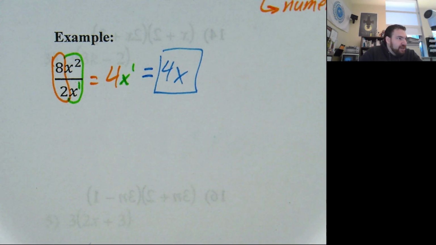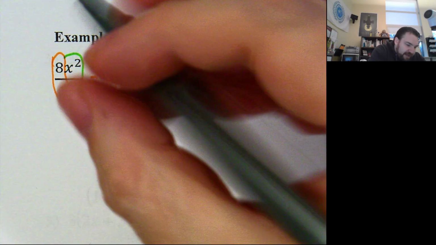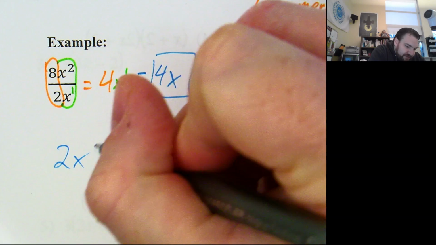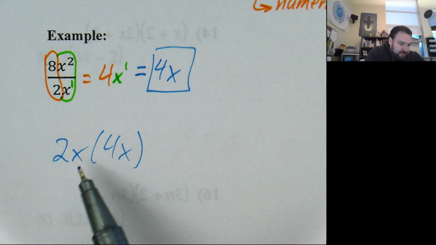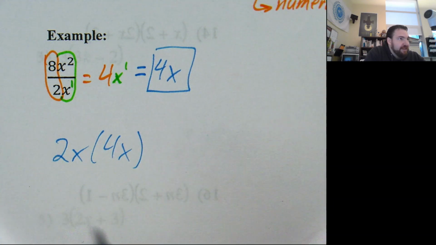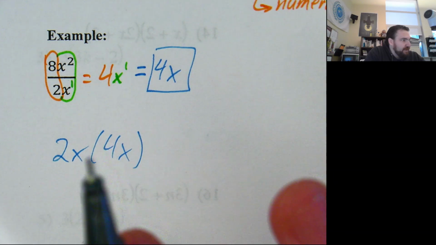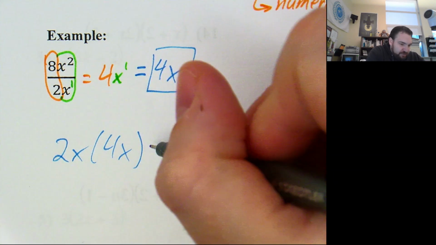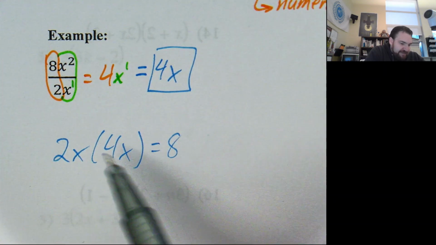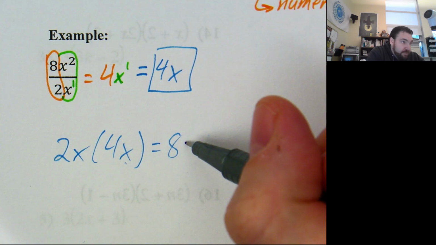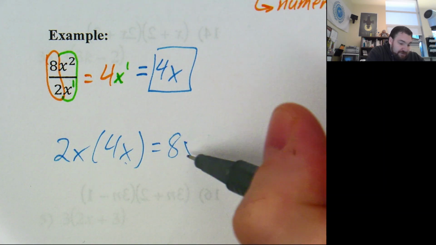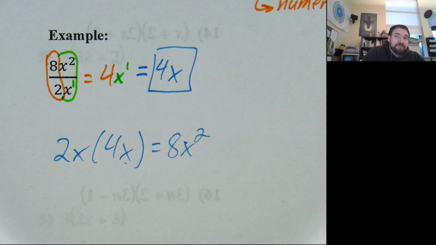And we can go back and we can check this thing. We check our work by doing the multiplication. What is 2x times 4x? Well, multiplying monomials, we just multiply the coefficients, and we multiply the variables. 2 times 4 is 8. x times x is? I heard someone say x squared.